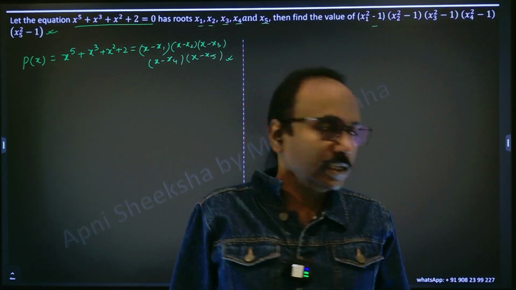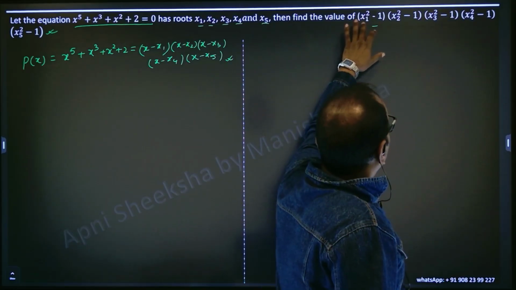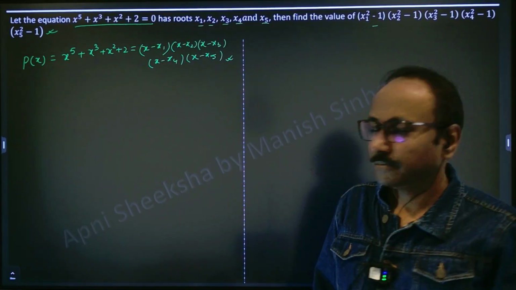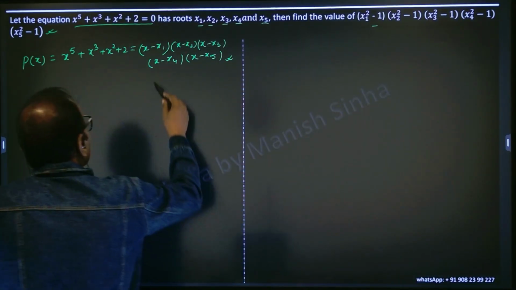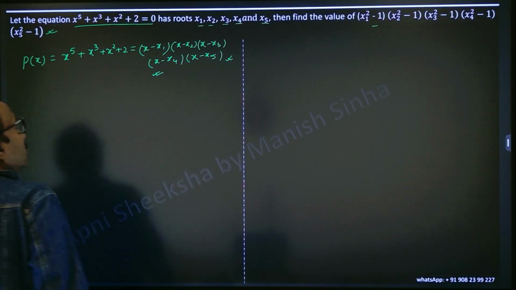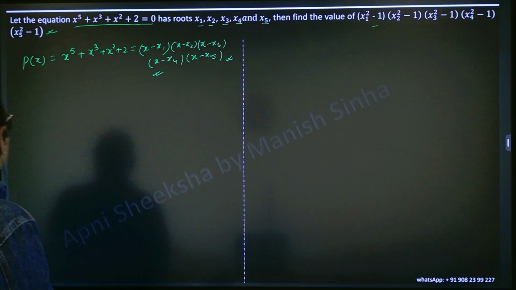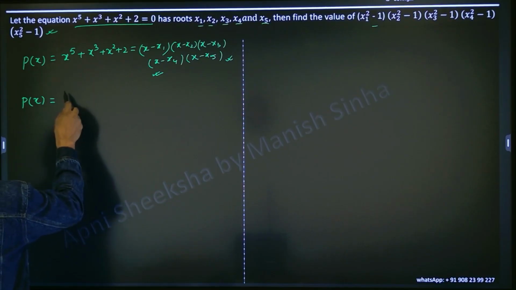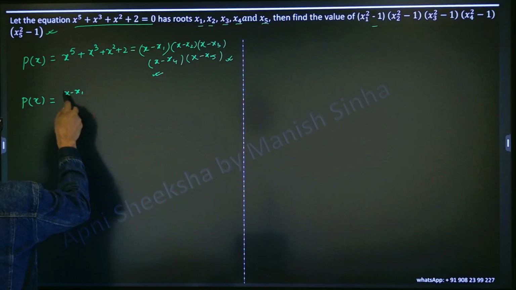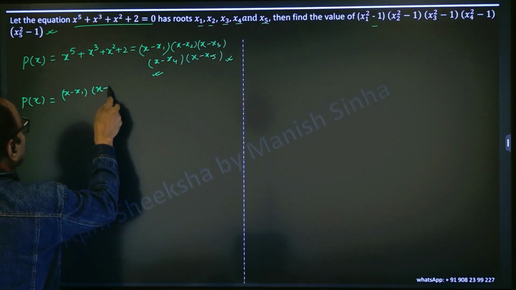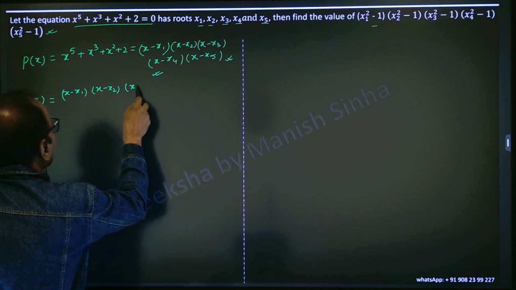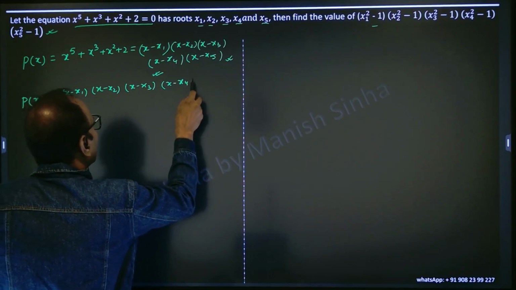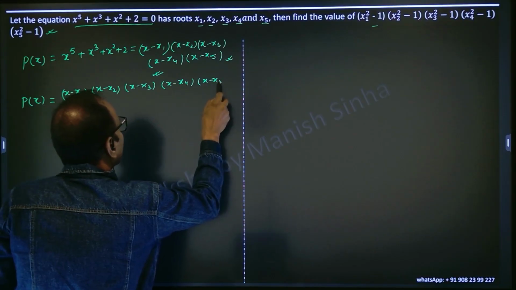Now what is your target? Your target is x1 square minus 1, x2 square minus 1, so that form, right? So if you want to convert to x1 square, x2 square, x3 square, x4 square, let us write the polynomial: x minus x1, x minus x2, x minus x3, x minus x4, x minus x5.